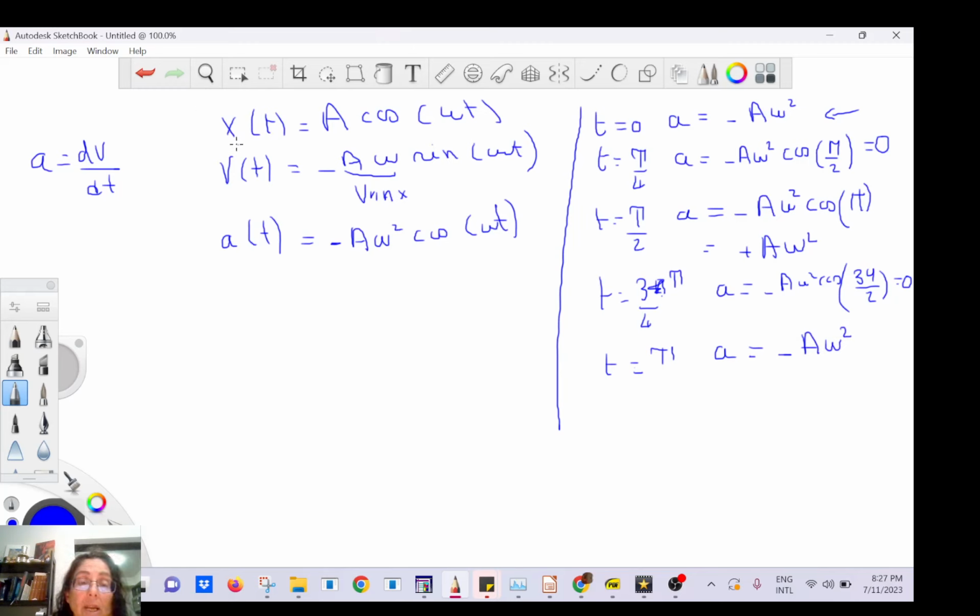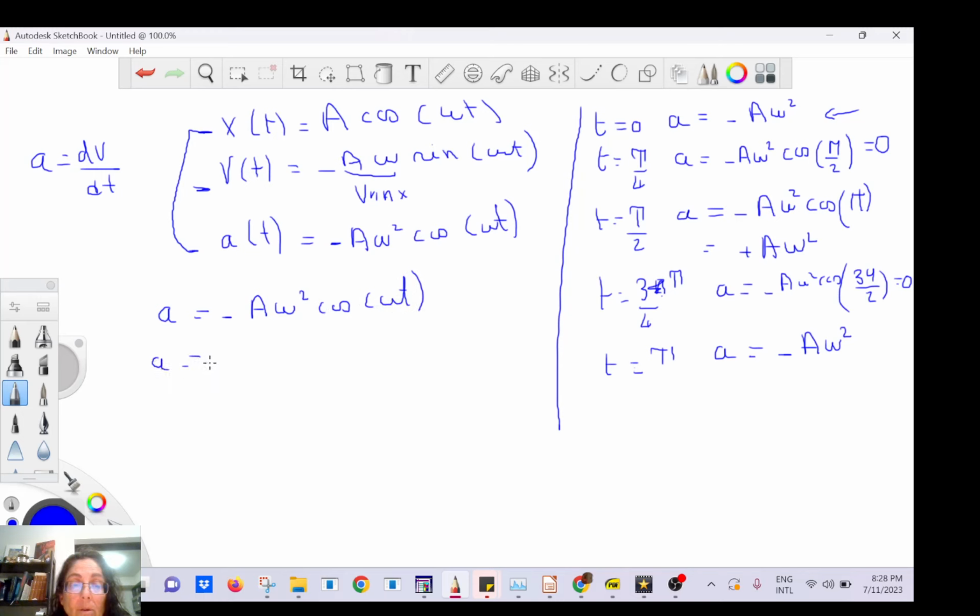Okay, so I have x, I have v, and I have the acceleration. What's interesting is that if you compare them, you see that the acceleration equals minus A omega squared cosine omega t.